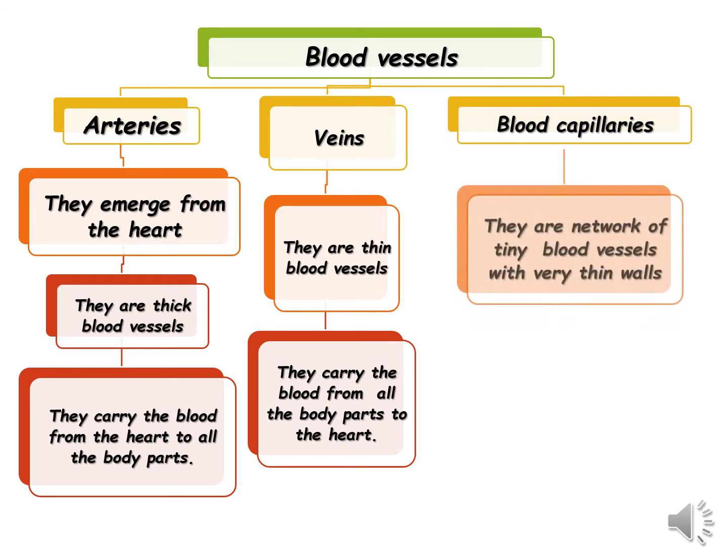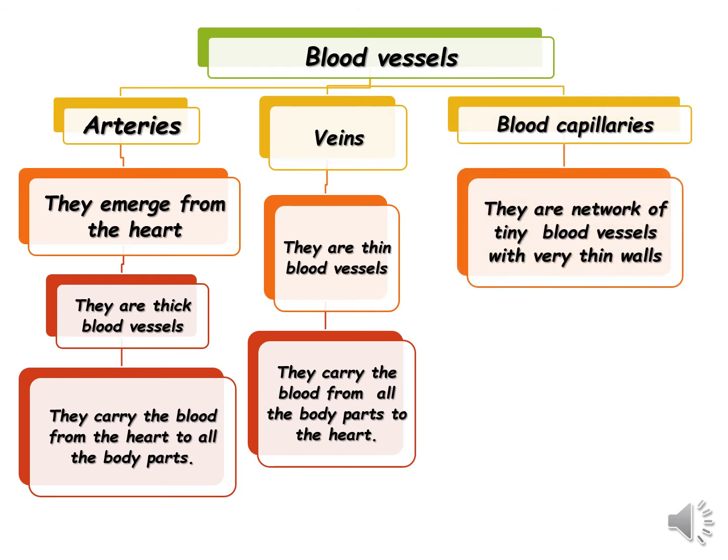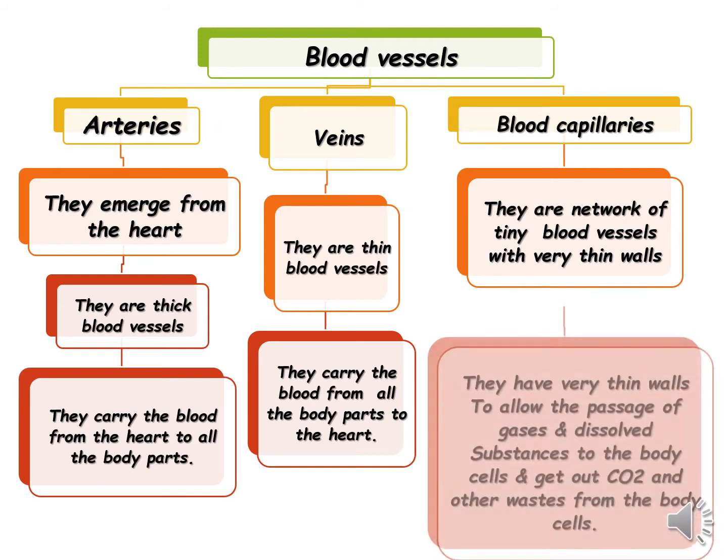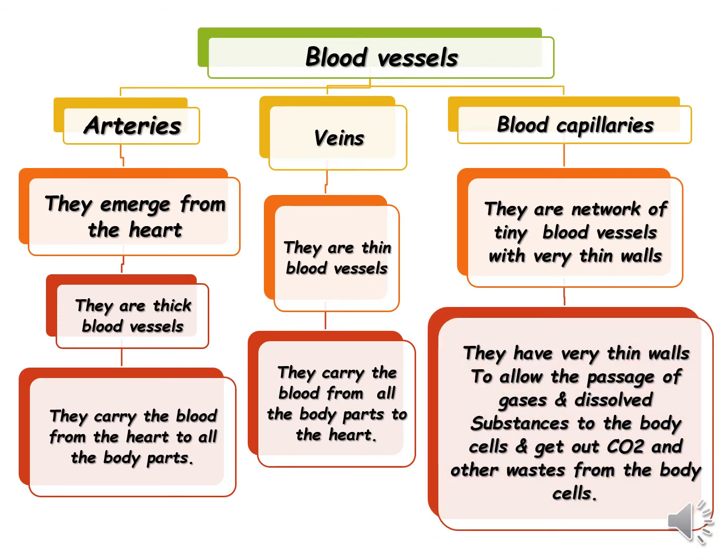Blood capillaries are a network of tiny blood vessels with very thin walls. They have very thin walls to allow passing gases and food to body cells and to let carbon dioxide and wastes get out from body cells.